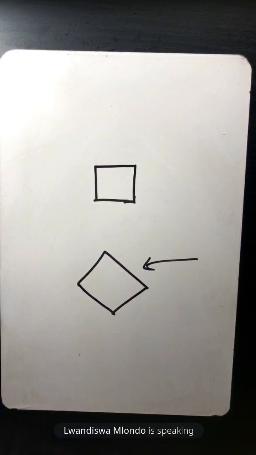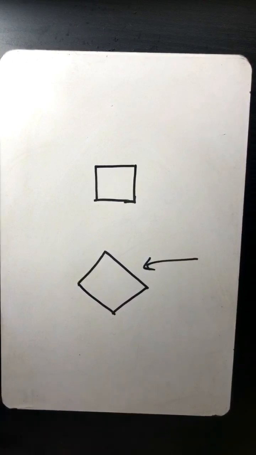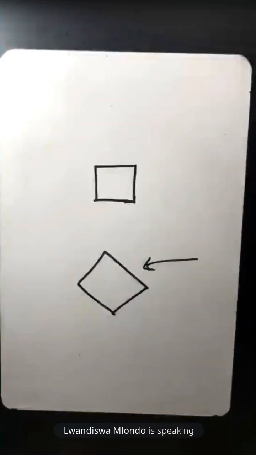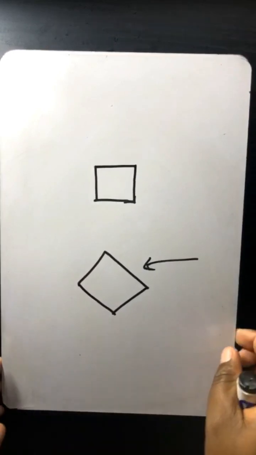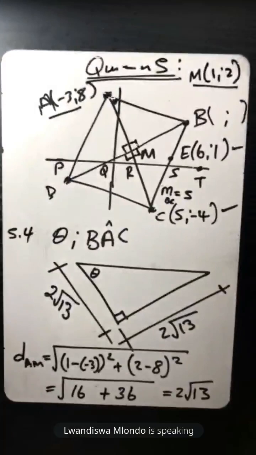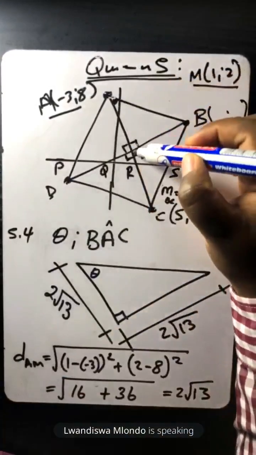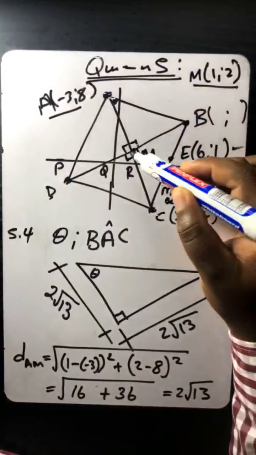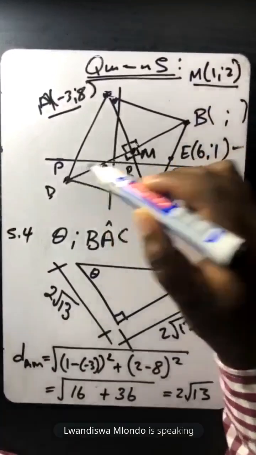Can I say something about the properties of the rhombus? Lwandiswa, you are recognized, honorable member. Yes, sir. So the diagonals are perpendicular and they bisect each other. So what I think Kabelo said, AM is equal to MC and BM is equal to MD, that's the property.